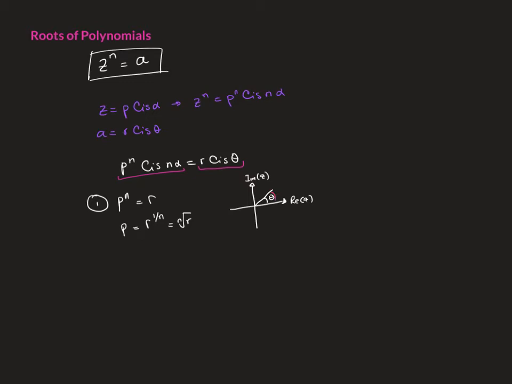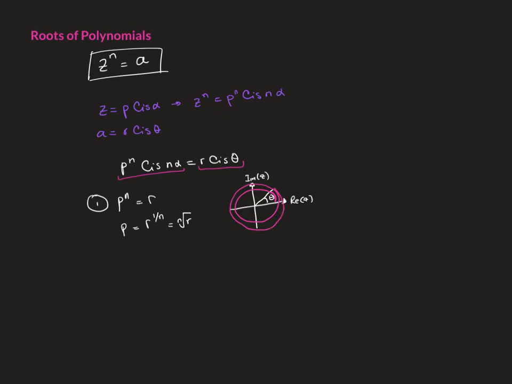So it has to cover this angle as well. But it doesn't necessarily mean that it has to be the same number of cycles. n alpha can be a full cycle plus that angle, or it could be 2 cycles plus that angle.